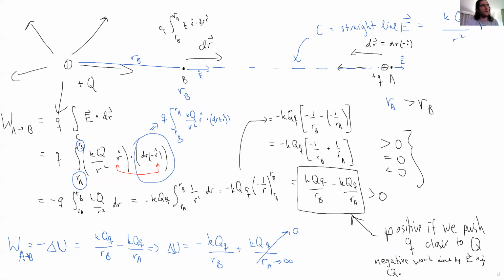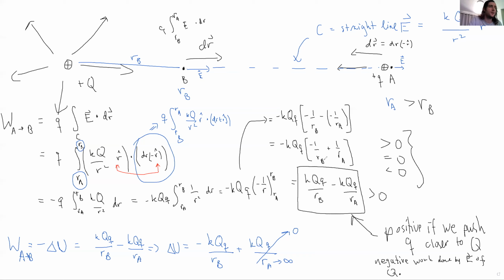Now the dr vector and the E vector are in the same direction, so we get 1. So it would just be the integral of E dr. I can just erase the r hats there. And then if I put a minus sign out in front, I can switch the order of integration.